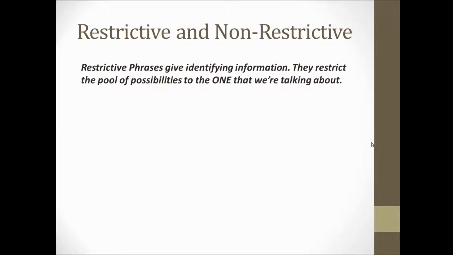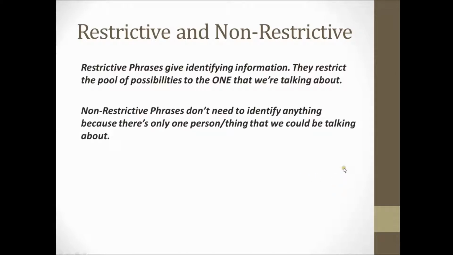And the phrase or the clause restricts it to the one. Out of all the possible coaches, she's the coach who pushed her players too hard. A non-restrictive phrase doesn't need to restrict because there's only one person or thing we could be talking about. So restricting from a large pool to a smaller single person is not necessary.